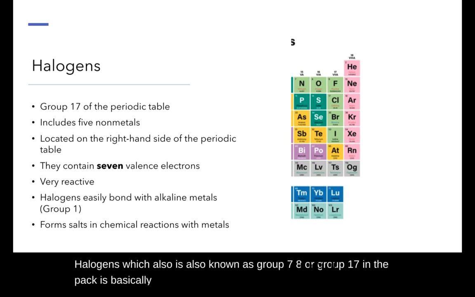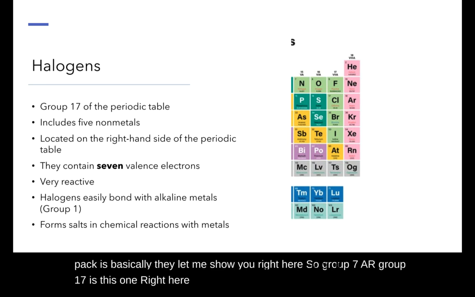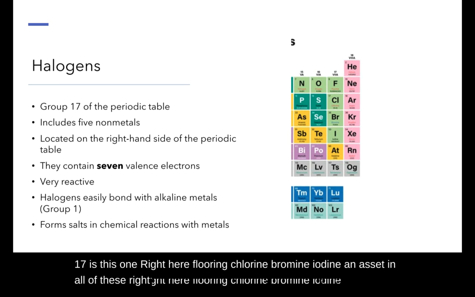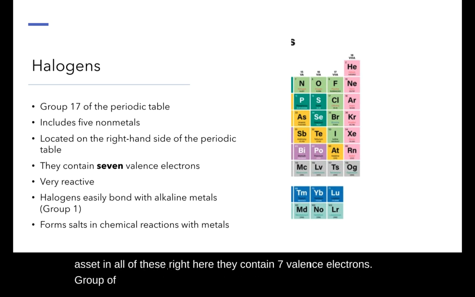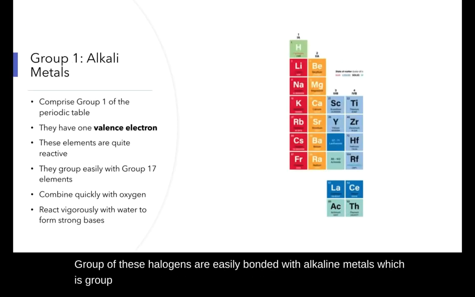Halogens, which is also known as group 7A or group 17 in the IUPAC, let me show you right here. So group 7A or group 17 is this one right here: fluorine, chlorine, bromine, iodine, and astatine. All of these right here contain 7 valence electrons. These halogens are easily bonded with alkali metals, which is group 1, which I'll show you right here again.